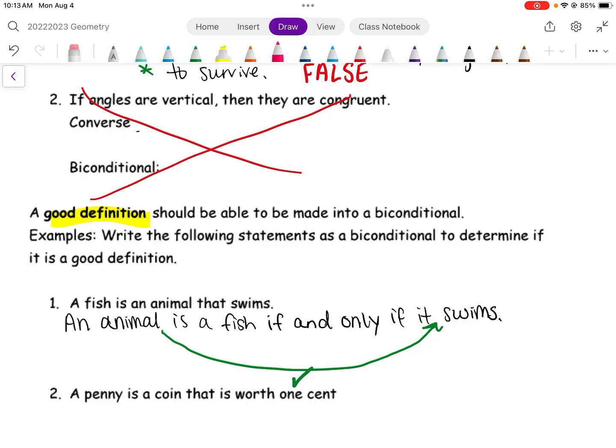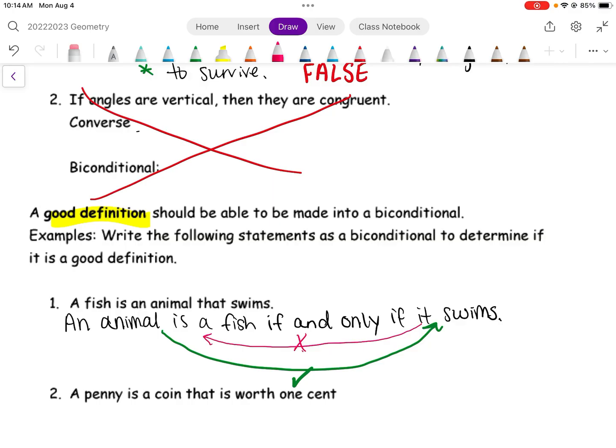So it works that way. But if I were to reverse this, would it still make sense? If an animal swims, then it's a fish? There are lots of things that swim that are not a fish. So this is a very vague definition of a fish. It's not a very good definition. If I just tell somebody, hey, a fish is an animal that swims, and then I see my friend swimming in the lake, I'm going to say, oh, look at that fish.